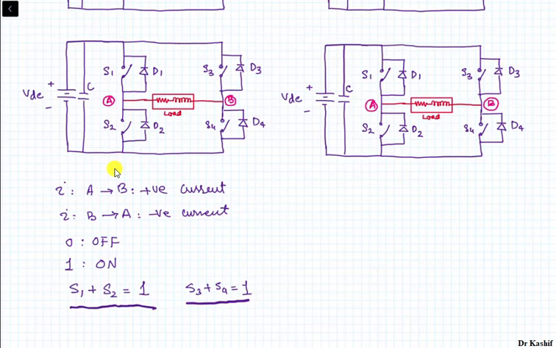Your full bridge inverter may be operated in the complementary mode or may not be. If it is being operated in the complementary mode, then these equations will be valid over here.